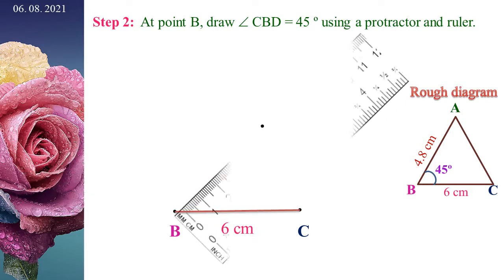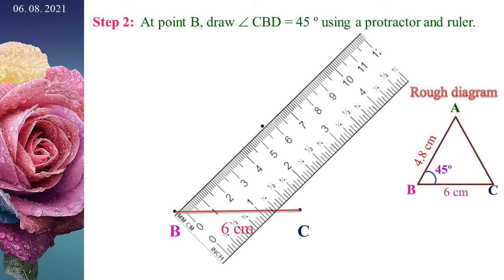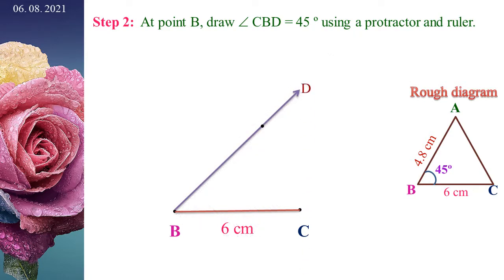Remove the protractor. Using a scale, draw a line. That line is called D, and also mark angle 45 degrees.